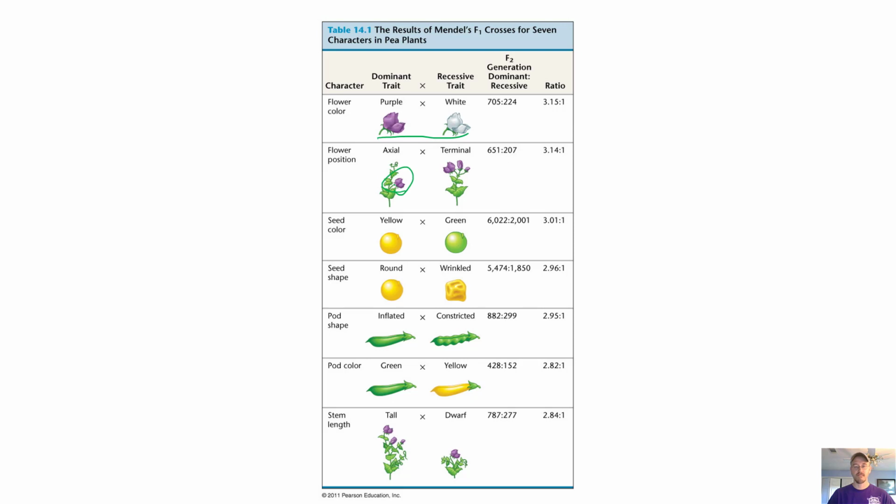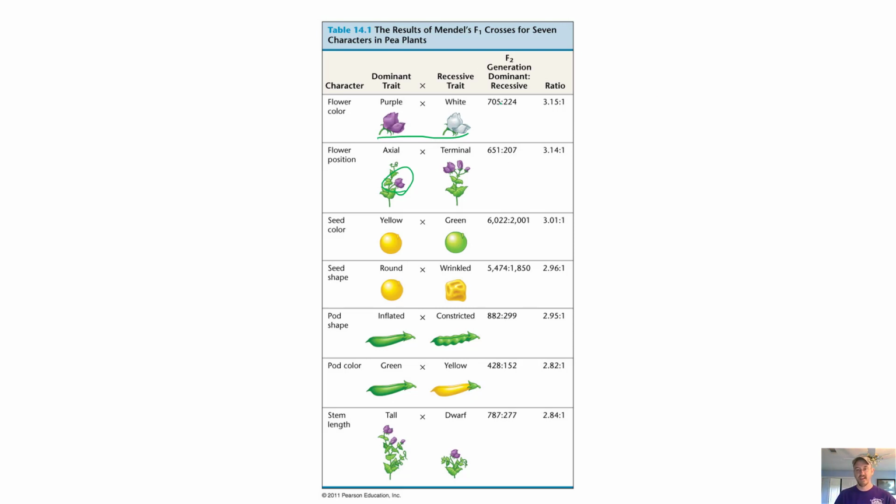Axial flowers grow on the side of the plant versus terminal on the tip. Yellow versus green peas, round versus wrinkly peas, inflated versus constricted pods, green versus yellow pods, and tall versus dwarf plants. That's a lot of stuff, but that let him do lots of replications and to see if his patterns held true over and over again.